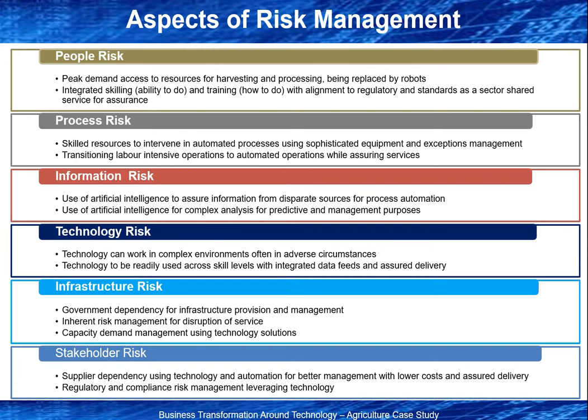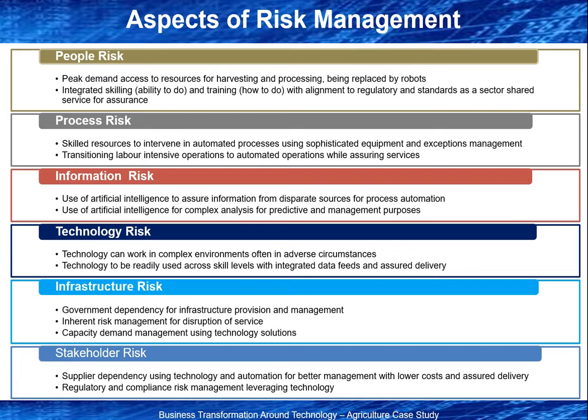The factory warehouse intensive productions also sees less resources, but with greater skilling and technology dependency. The greater skilling of resources with intervention when things go wrong is a common trend across industries with automation and technology dependency.